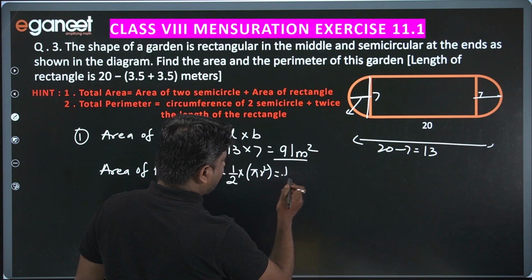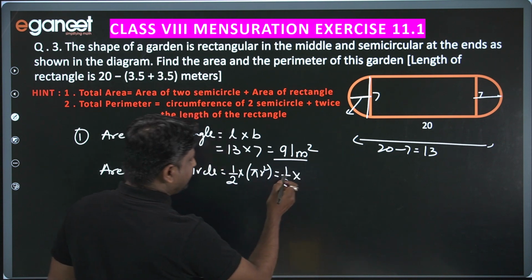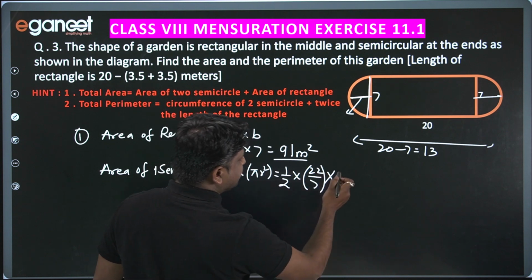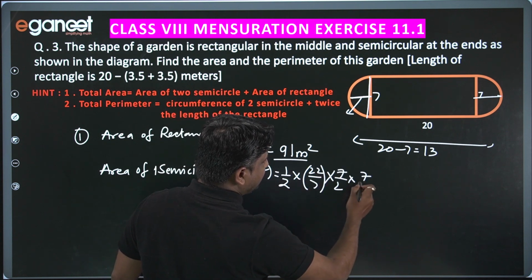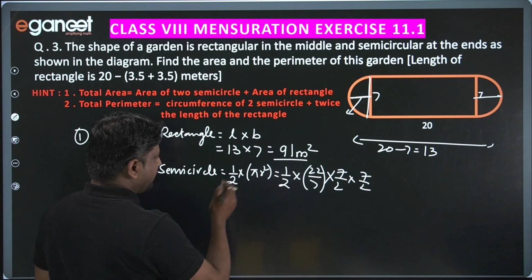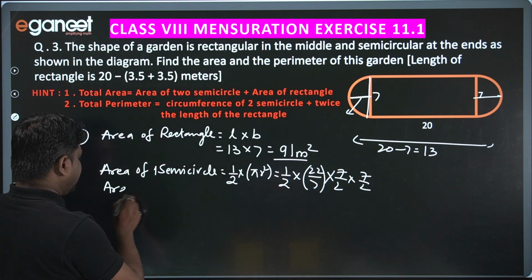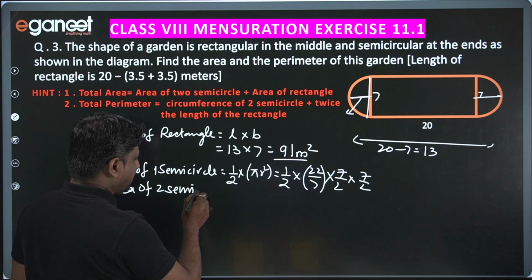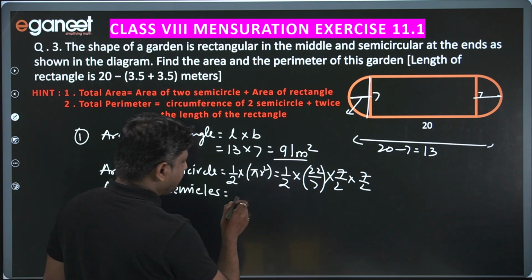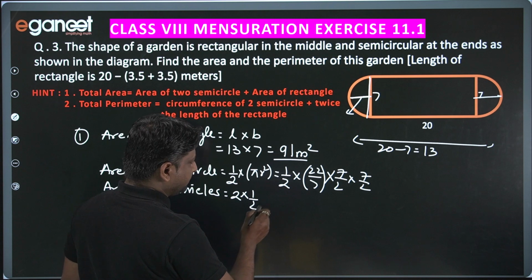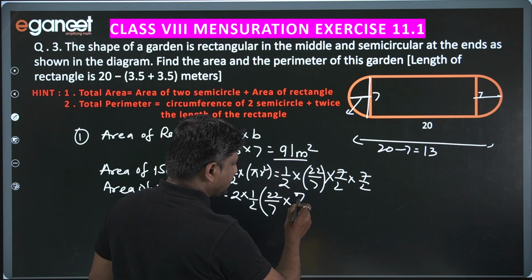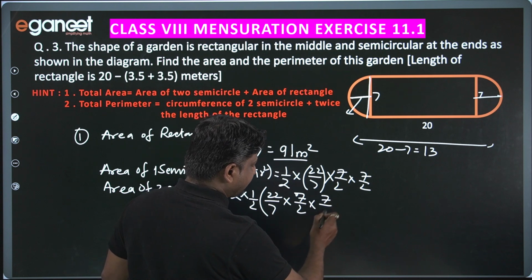So it is 1 by 2 into pi, that means 22 by 7, into radius 7 by 2 into 7 by 2. So the area of 2 semicircles will be 2 into 1 by 2 times 22 by 7 into 7 by 2 into 7 by 2, right?